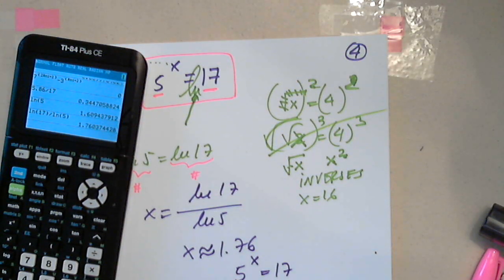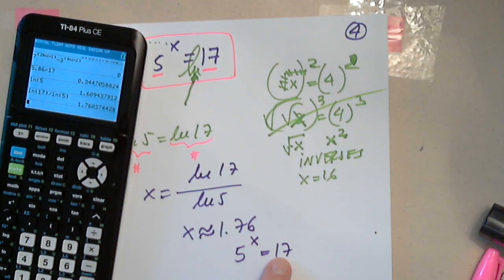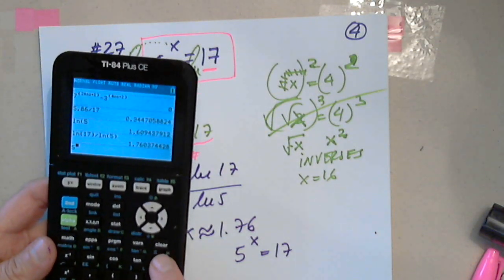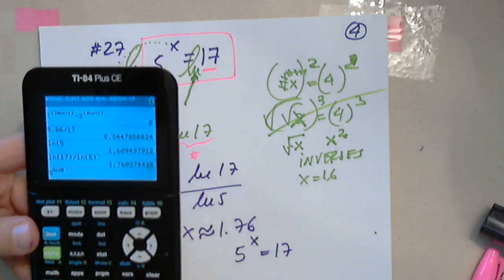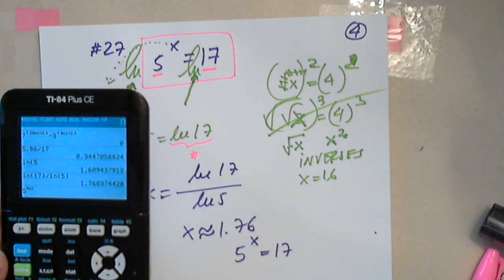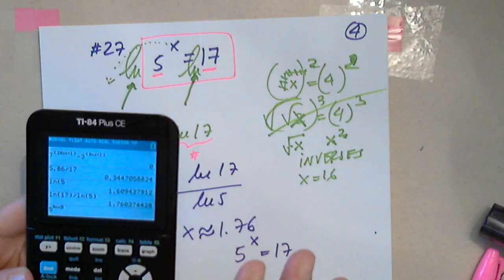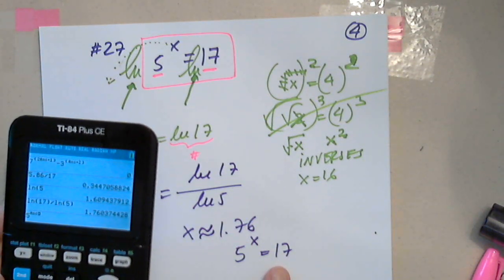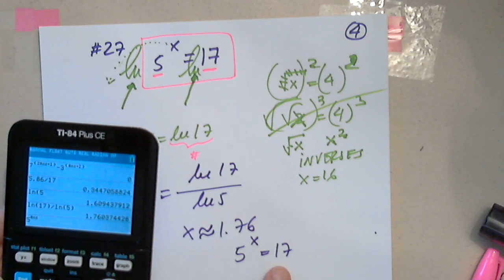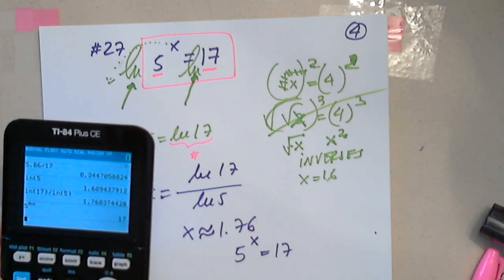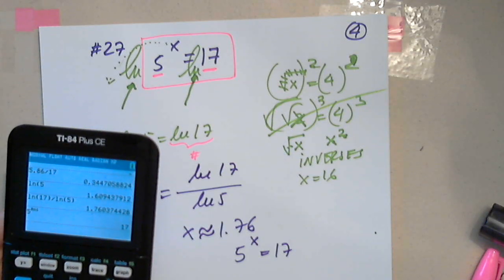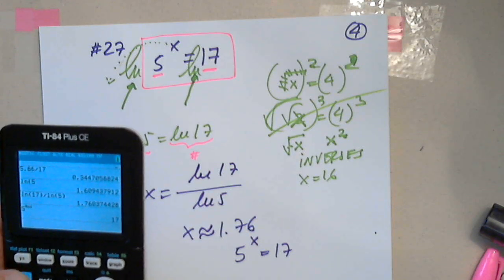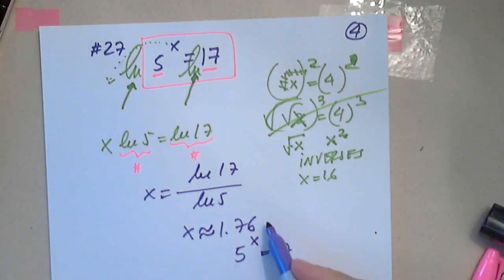I will raise 5 to this number and see if I get 17. I'm going to call the previous answer, because I want the calculator to include all decimal digits. If I just use 1.76, I will get close to 17, but I will not get 17. So I press enter, and I get 17. So this is indeed the correct answer.